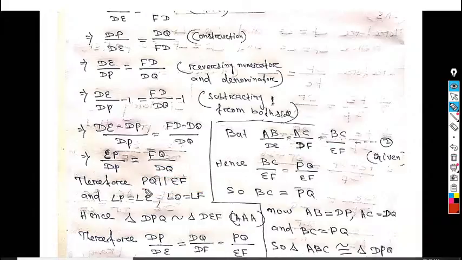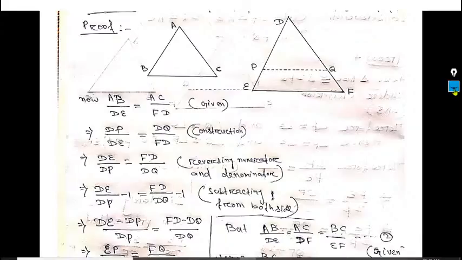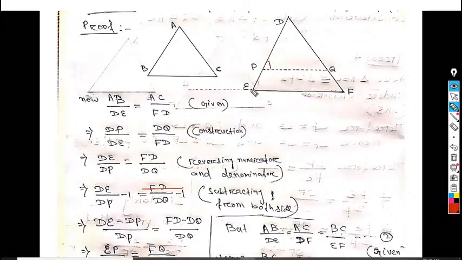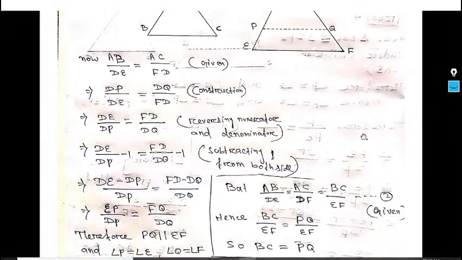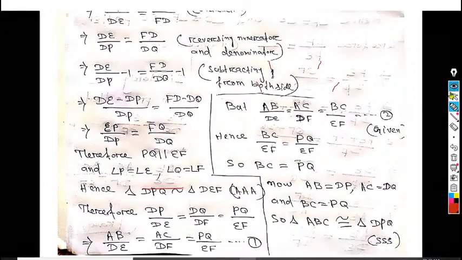Okay, if PQ parallel EF, then what will happen? The corresponding angles must be equal. PQ parallel EF, therefore angle P is equal to angle E and angle Q must be equal to angle F. This is what we have written. Let's move to the figure.